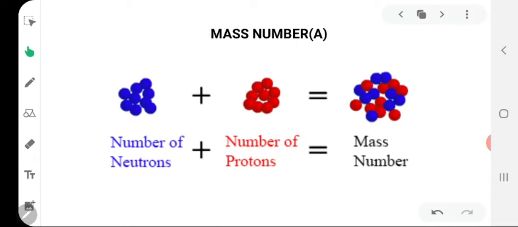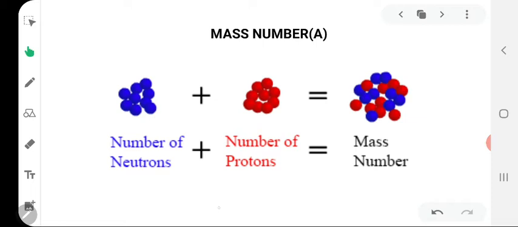This is known as mass number of an element, and it is symbolized by the alphabet A. So mass number of an element is the sum of the number of protons and the number of neutrons present in the nucleus of an atom.